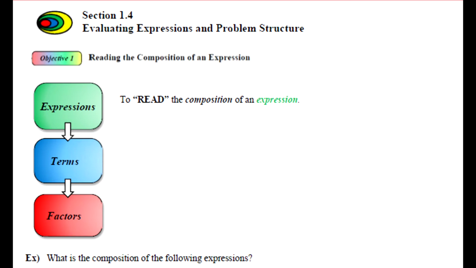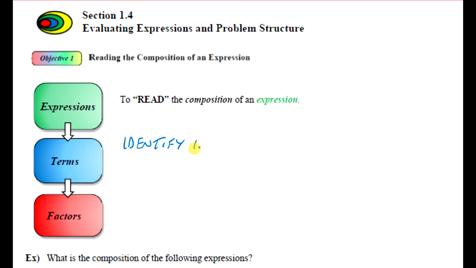Alright, so we're evaluating expressions in problem structure. One of the things we just want to review is reading composition. So terms in an expression, when we read the composition, we want to be able to figure out and identify the separate terms in the expression.